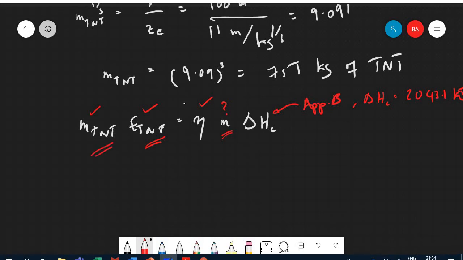The m_TNT that we have is 751 kilograms, so my E_TNT should also be per kilogram. I'm just making sure the units work well together.